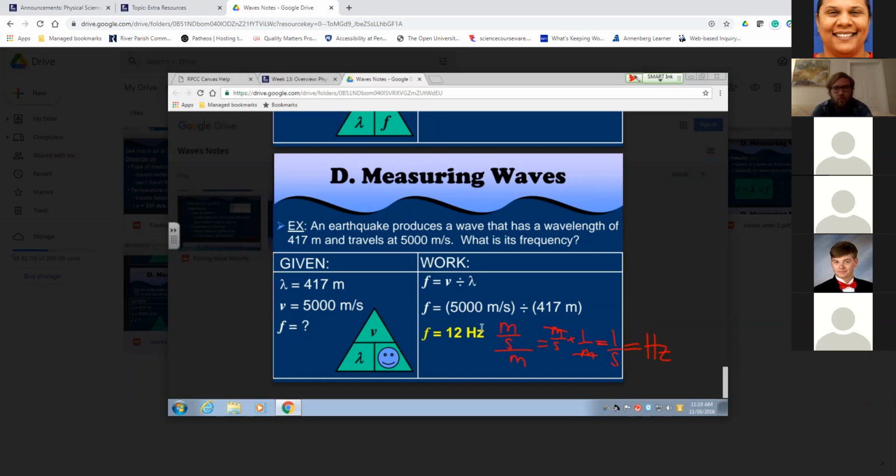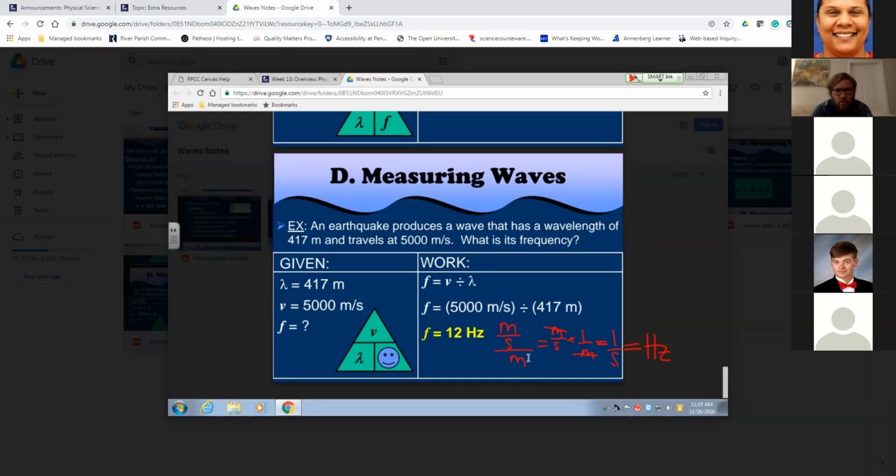But then the meters per second divided by meters. How does that work out to be hertz? Because hertz is the unit for frequency. So I have meters per second divided by meters. And so if you recall how to deal with fractions, when you divide by a fraction, you multiply by its reciprocal. Well, this meters per second is a fraction.